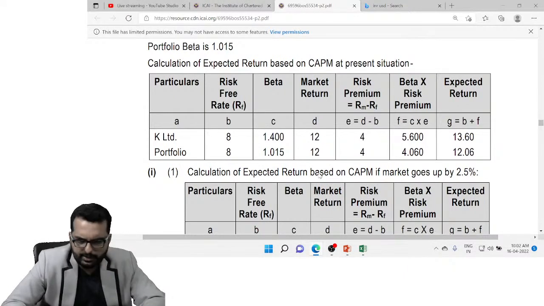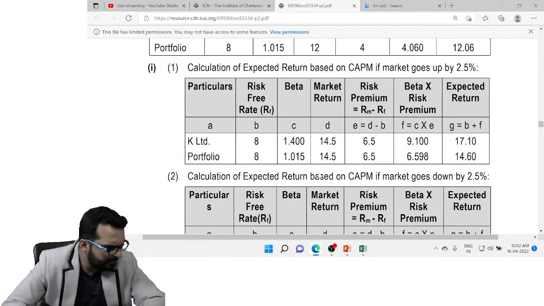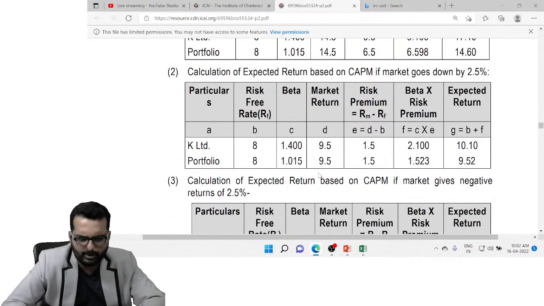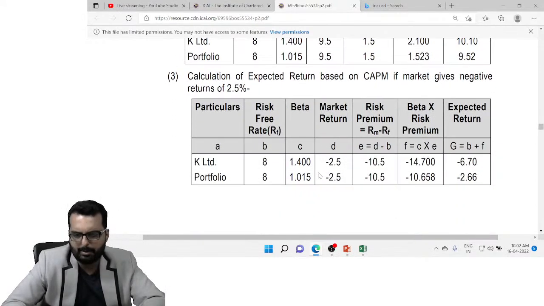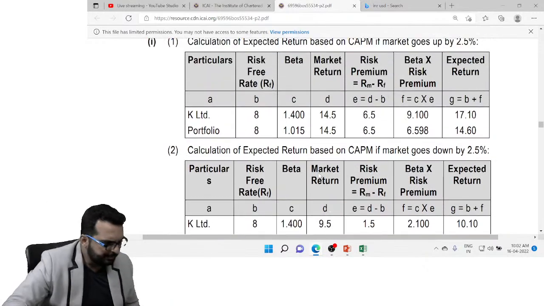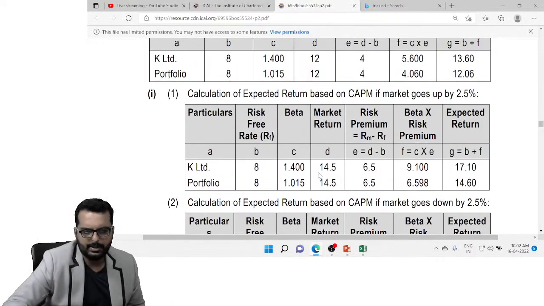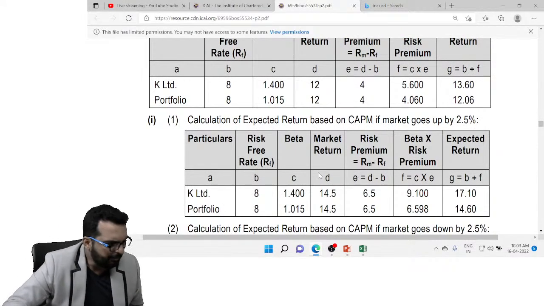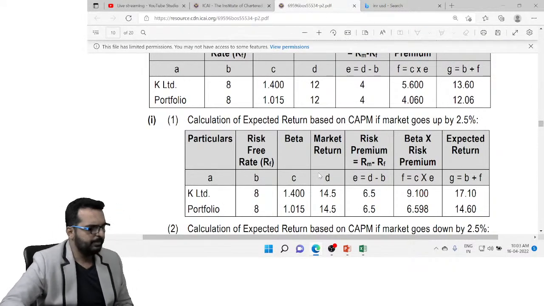Then you have 14.6. Yes. 10.52. It's 9.52, right? It's not 10.52. Yes, it's 9.52 and minus 2.66. Excellent. And the other one will be, look, you can just look over here, 13.6, excellent, 17.1, perfect.